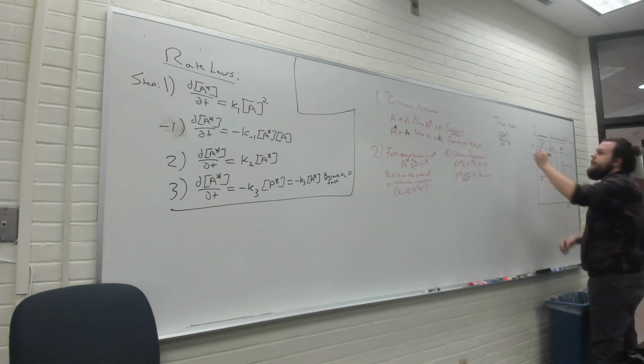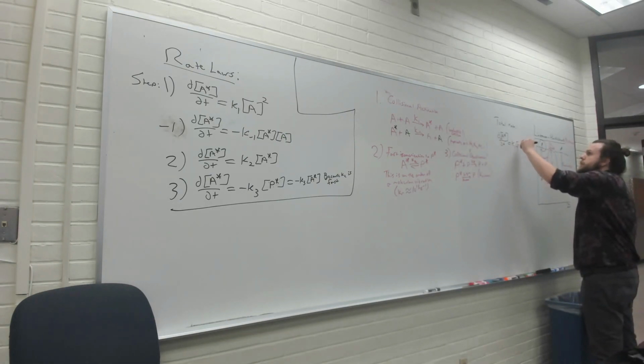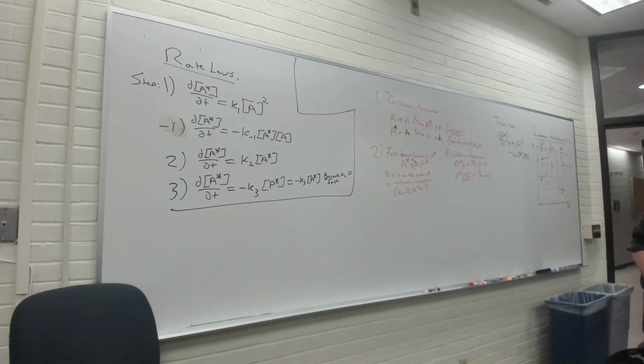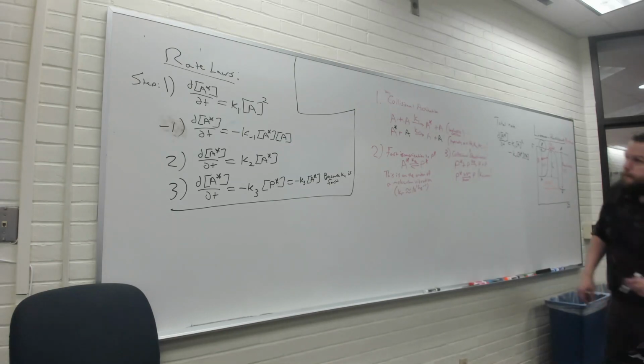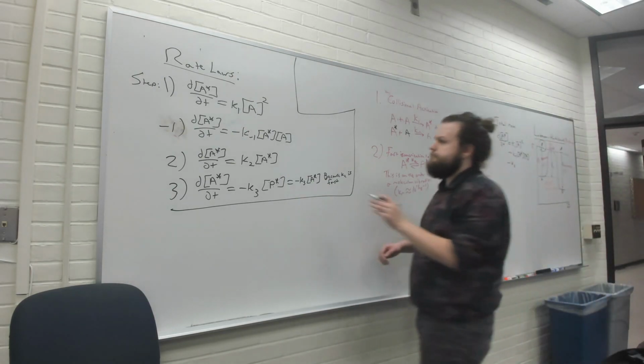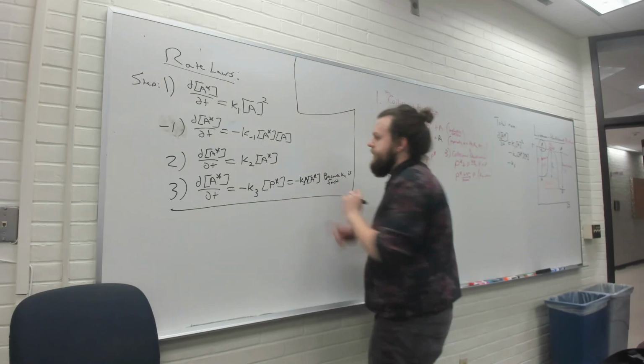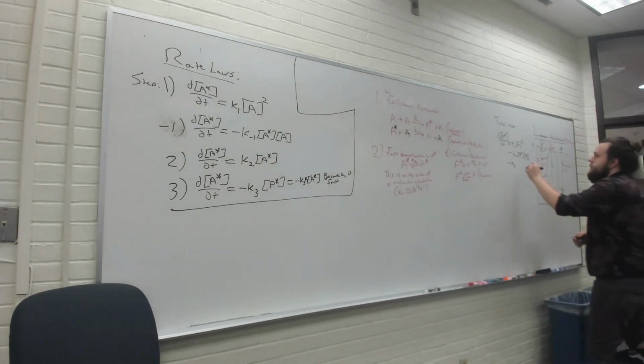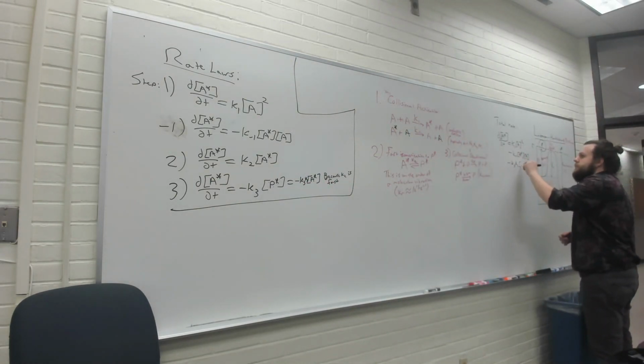It can be produced by K1. It can be depleted by K minus 1, the reverse reaction. And it can be gotten rid of by K3, it's actually K2, K3, times A star.